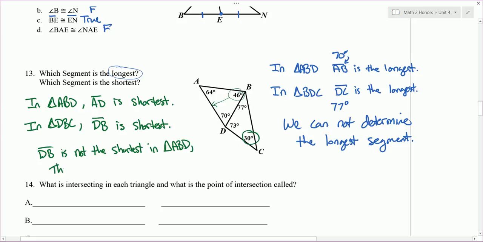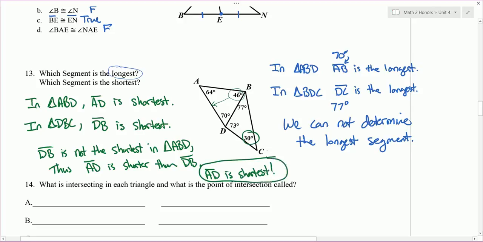Thus, AD is shorter than DB, making AD the shortest length. So we were able to determine the shortest length. We were not able to determine the longest.